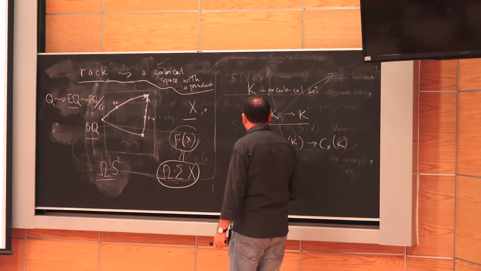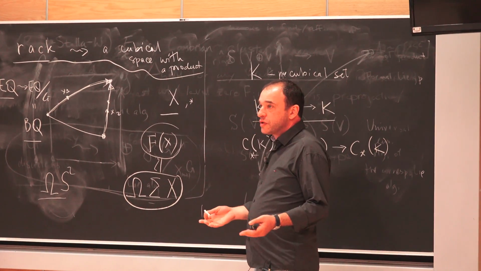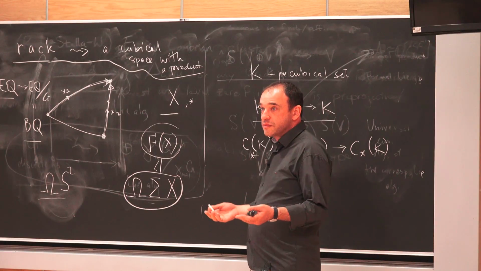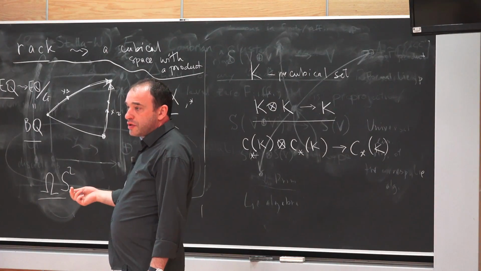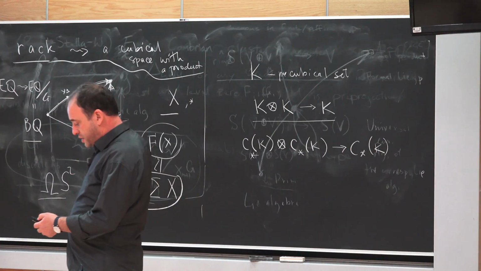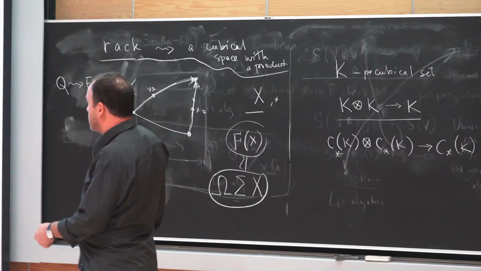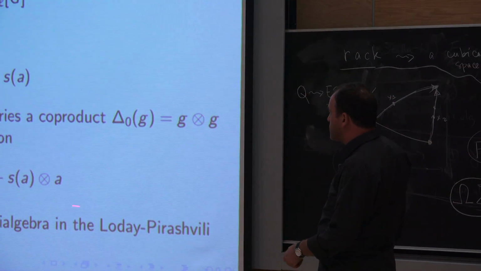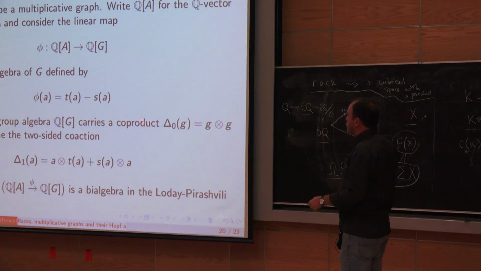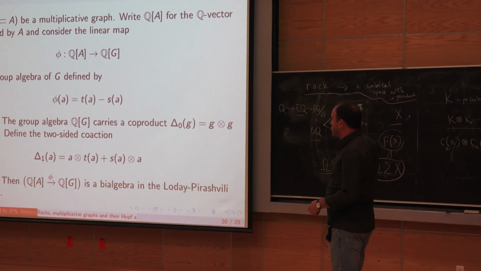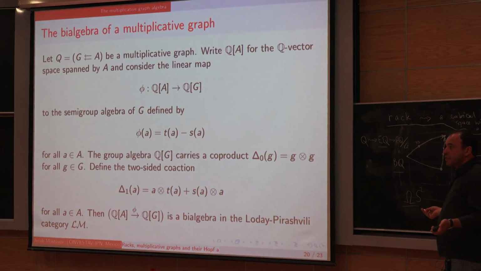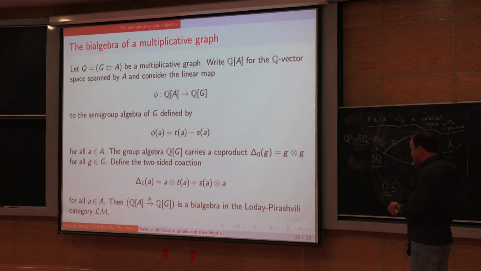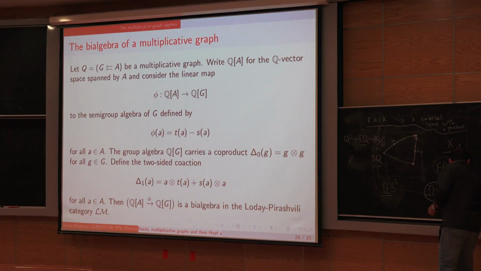But we don't get the coalgebra structure because on pre-cubical sets we don't have the diagonal map. There's a problem, there is no diagonal map. Here we don't have a diagonal map either, but somehow all these constructions can be thought of as some sort of diagonal approximation. And the miracle is that this diagonal approximation is multiplicative. So this is a curious thing. This is something that works for graphs, but not for general cubical sets, apparently.